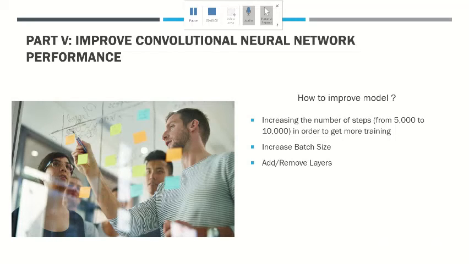For part 5, in order to improve the convolutional neural network performance, I listed a couple of ways that we could achieve that. One of the steps, which is the simplest way, is to increase the number of steps in order to get more training. You can also do the vice versa, which is decrease steps, but typically that will lead to lower accuracy levels, as the lower amount of training you have, the less actual sample sizes you have.